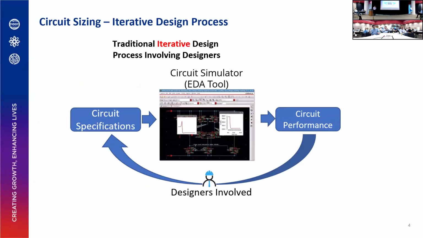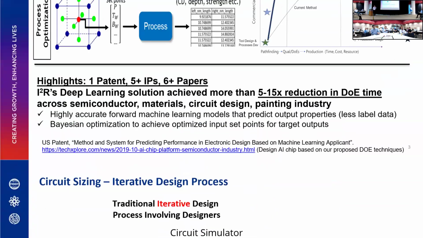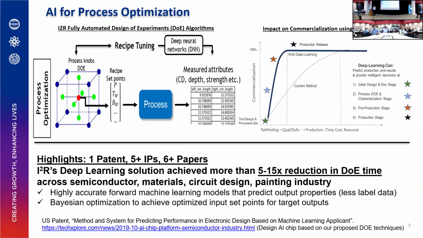So I think DOE is quite important in semiconductor and other areas. For example, we have limited data in the input space. If we have a useful machine learning model, we can predict the optimal value for your performance and so on.